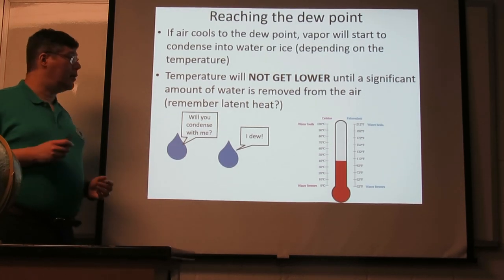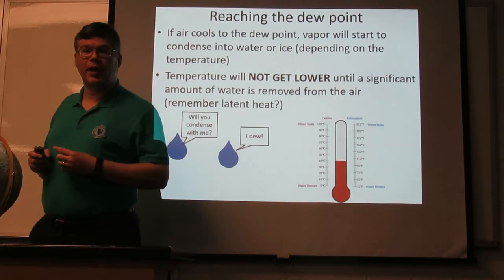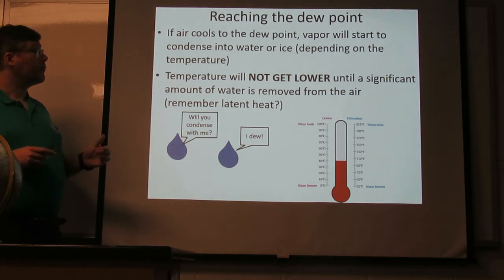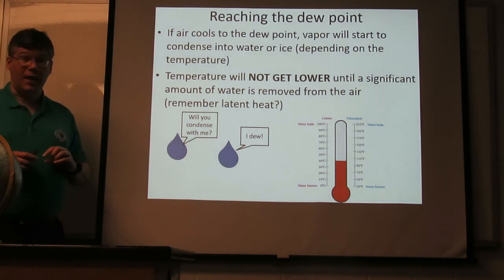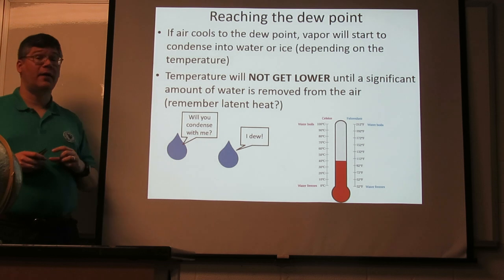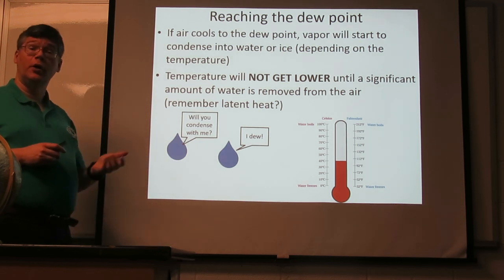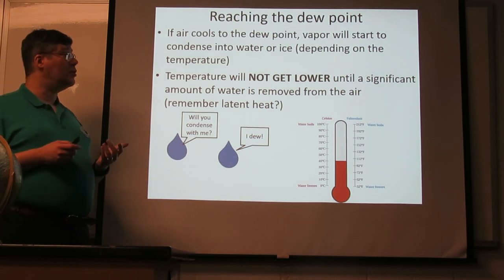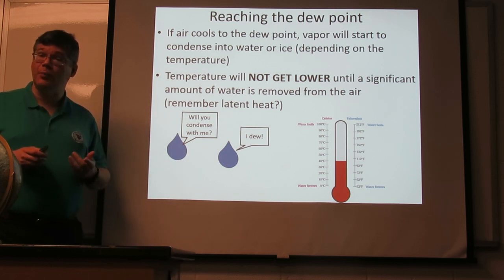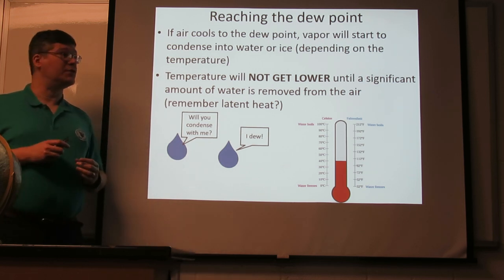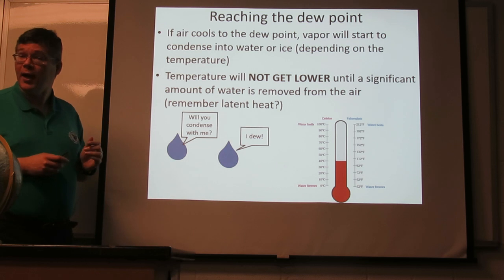How can we get a sample of air to go to the dew point? If this happens, again, we'll have vapor starting to condense into water or deposit into ice, depending on our temperature. If the dew point's below freezing, below 0 Celsius, then obviously we're going to get the ice.